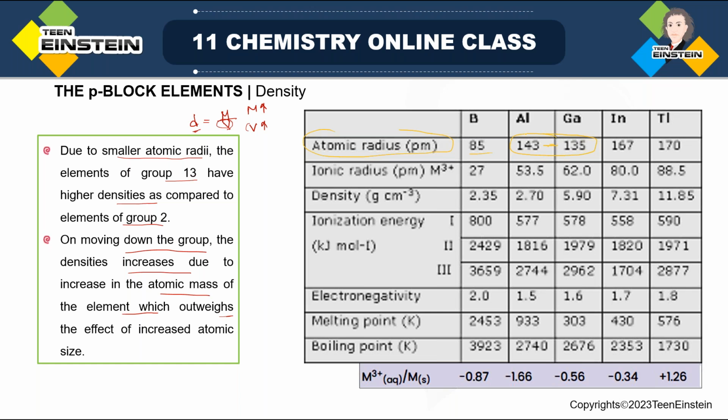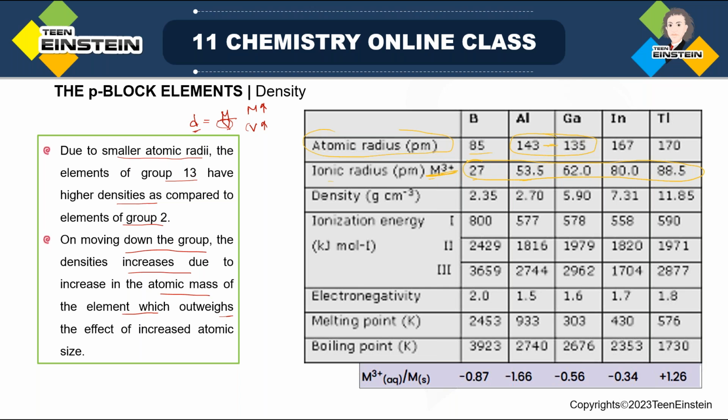So from 143 it is a decrease, which is unusual, and then we have ionic radius, where the common oxidation state is M3 plus. M means any of these elements: boron, aluminium, gallium, whatever. So when it is boron 3 plus, it is 27. When it is aluminium 3 plus, it is 53. Now you can see when you are considering the ionic size, there is no such discrepancy.